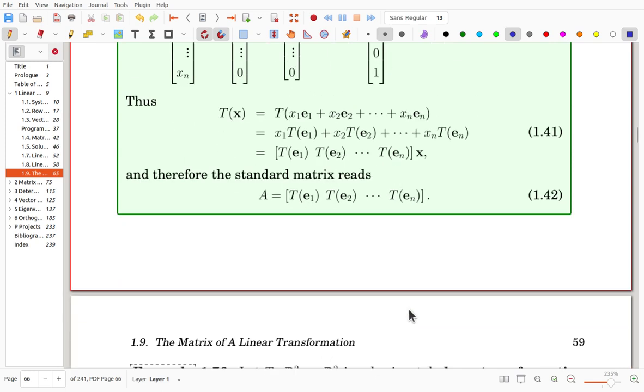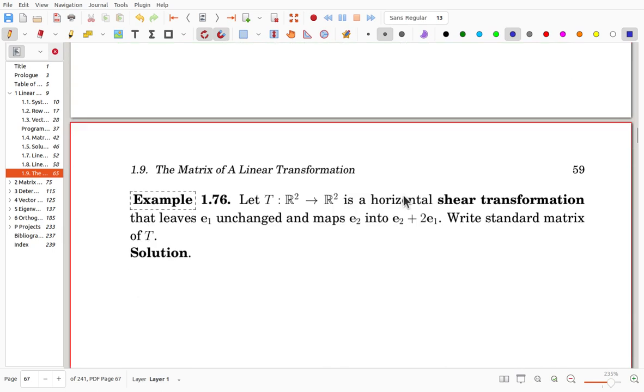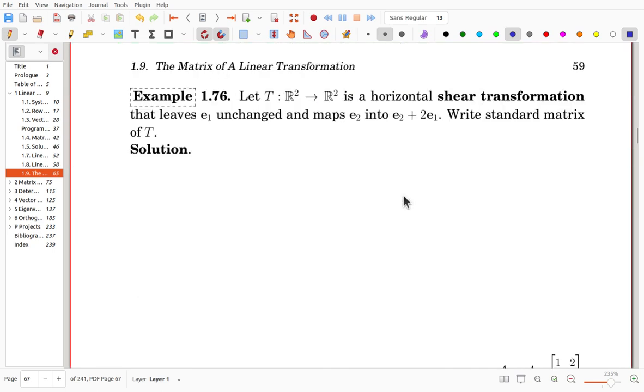Here, that's the conclusion. Okay, let T be a horizontal shear transformation that leaves E1 unchanged and maps E2 into E2 plus 2 E1.